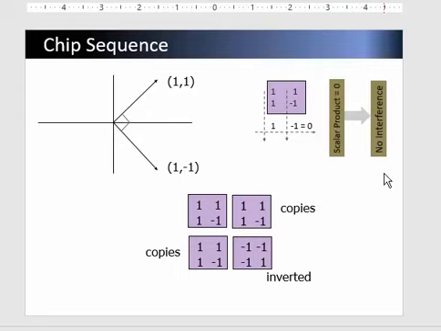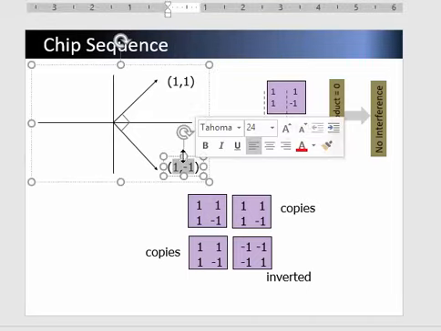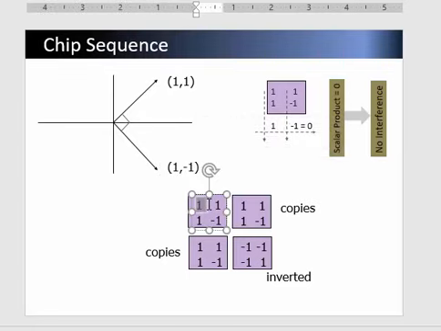What is the principle of wireless communication? If there is no interference among them, then we receive the data as it was sent, right? That is the idea. Therefore, 1, 1 and 1, minus 1 are orthogonal.